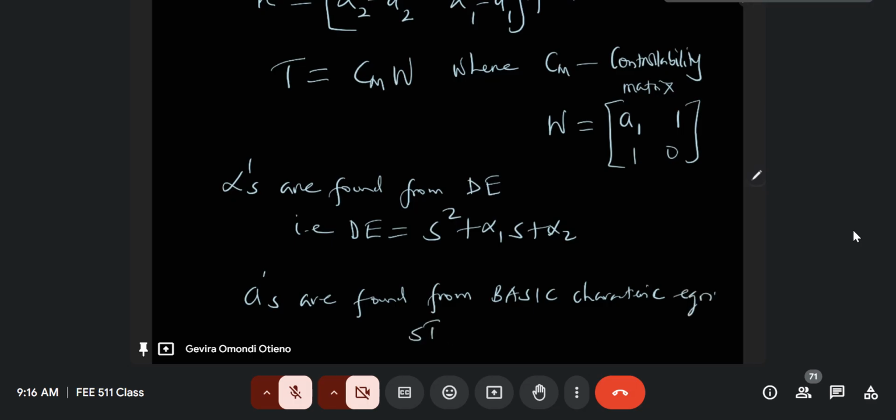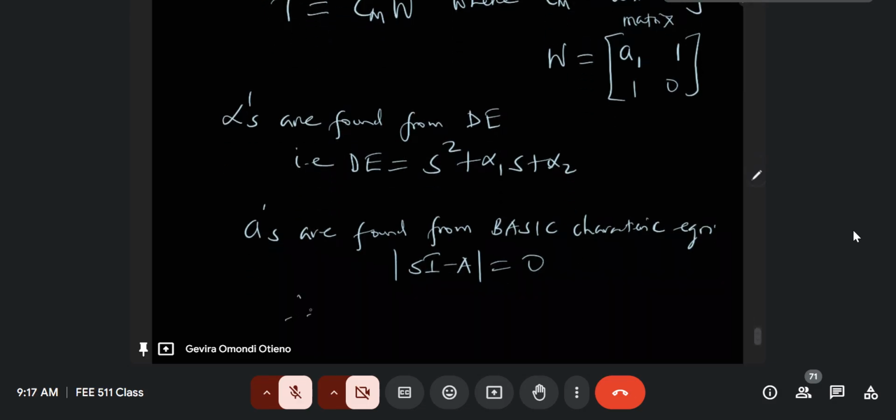Remember, the basic characteristic equation was the determinant of SI minus A equals 0. So the determinant of SI minus A should equal S squared plus A1 S plus A2, and you equate that to 0. You should be able to do that. We'll do the example and you'll see.